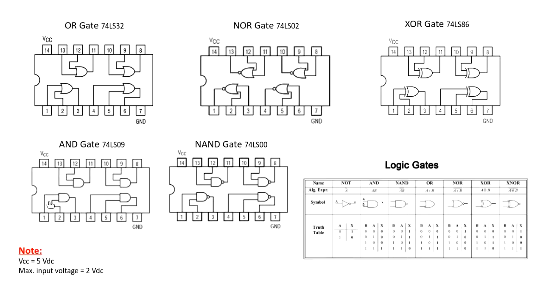To each gate input, for example gate A, it has inputs on pin 1 and pin 2. On these pins your input should not be more than 2 volts. So 2 volts will be considered as high, and a lower voltage, less than 1, will be considered as low, or 0.